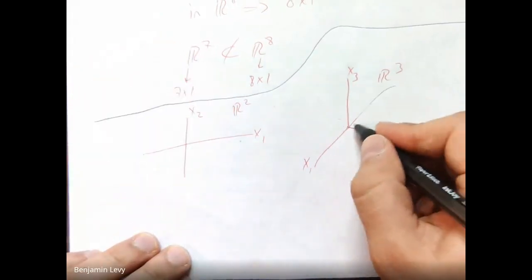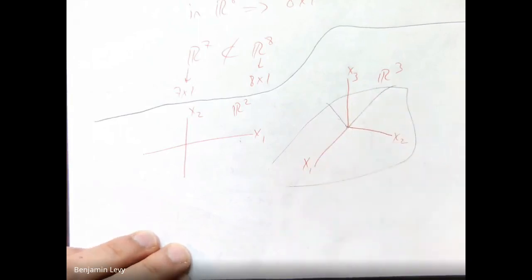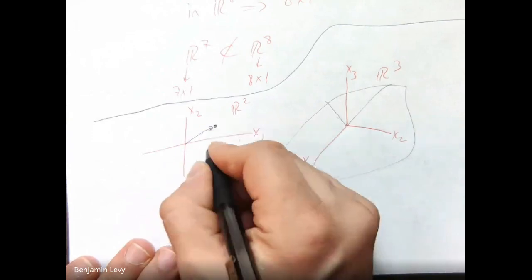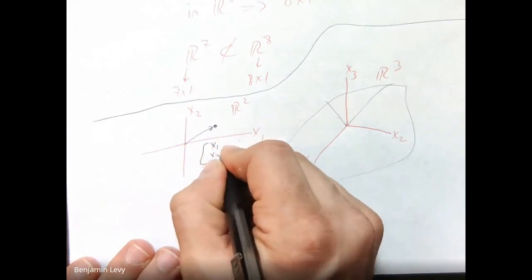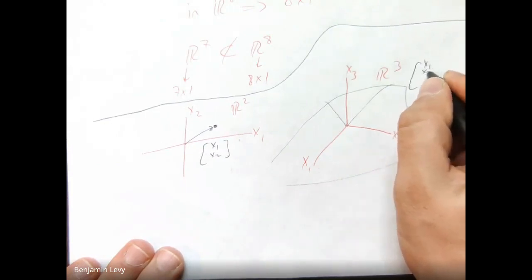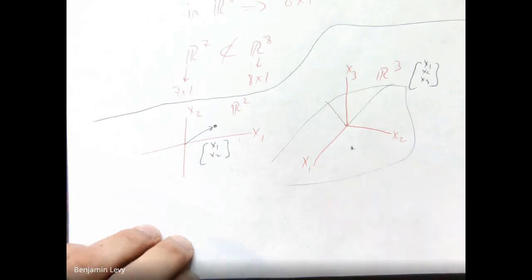Here's the x1, x2 plane within R3. But every point in R3 has 3 entries, even the ones that are in the x1, x2 plane. They just have the third entry being 0.